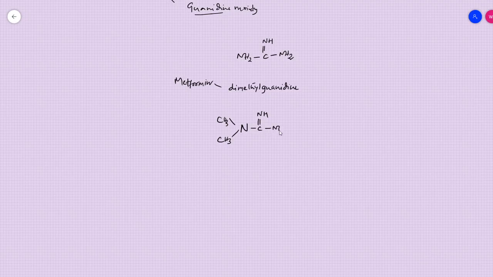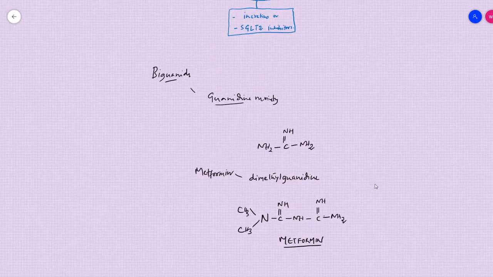It's NH, and that would be combined with another moiety. Okay, so that is metformin. Chemically it is a dimethyl guanidine.